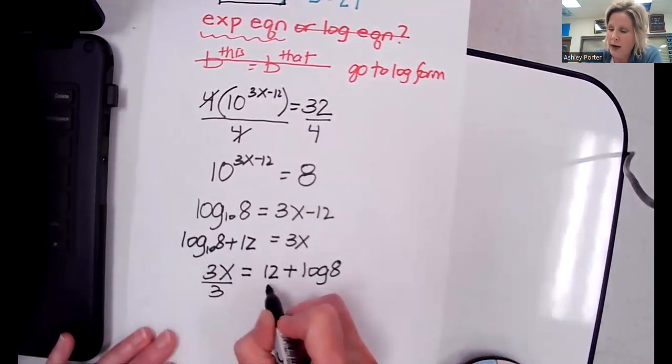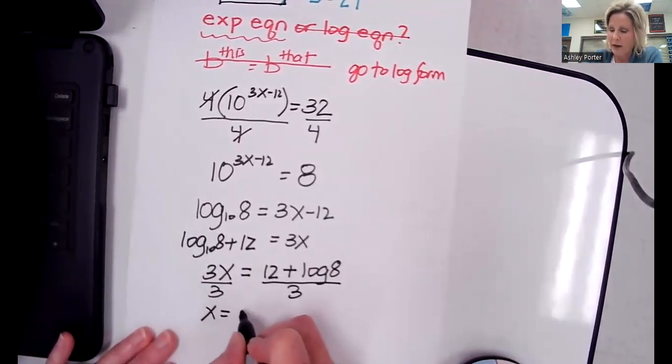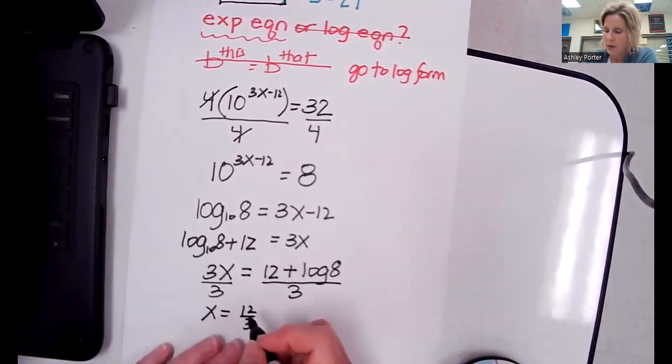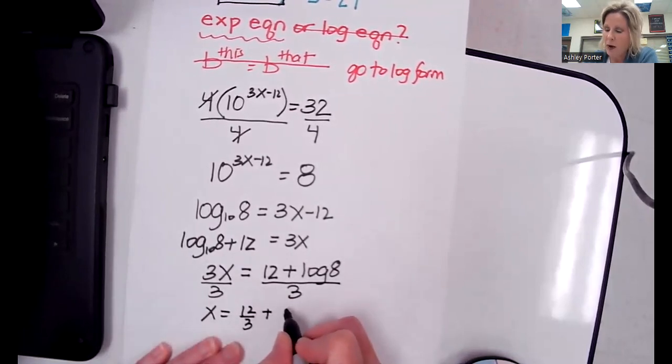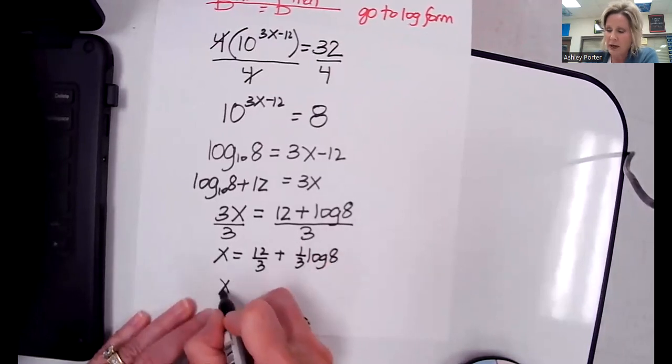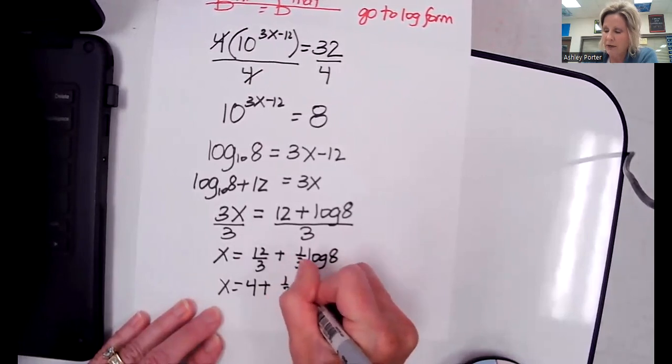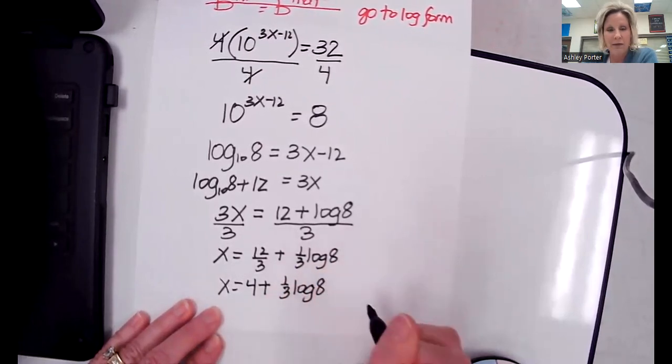Now to get 1x by itself, divide by 3. So separate it, that's 12 over 3 plus log 8 over 3, or 1 over 3 log 8. That's more common. So that's going to give me 4 plus, and I would probably leave it as 1/3 log of 8.